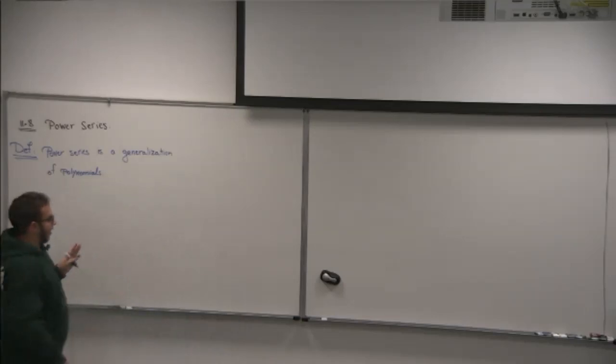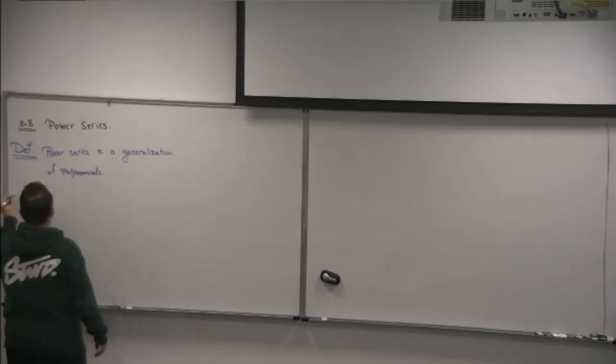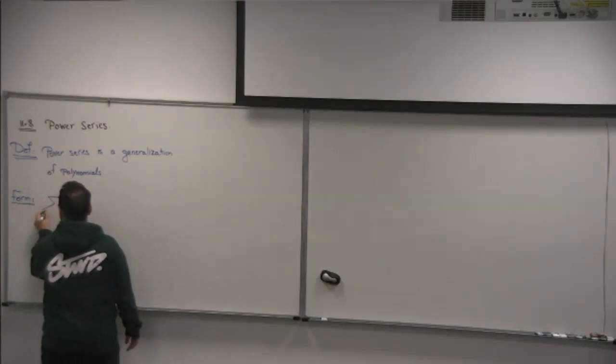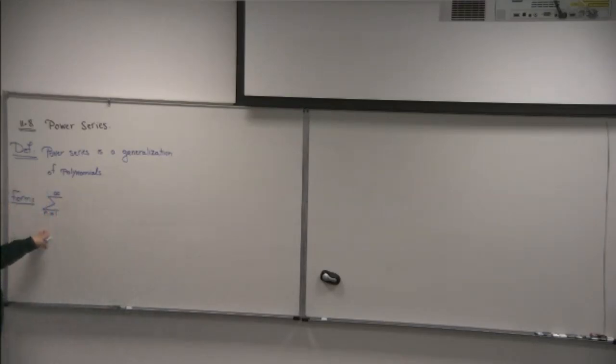Now, the common form of a power series is the following. It's going to be the summation from n equals 1 to infinity. There is nothing special about the 1; it could be 0, 1, 2, whatever.